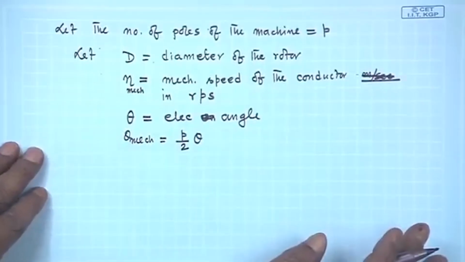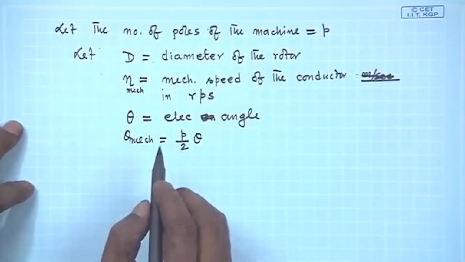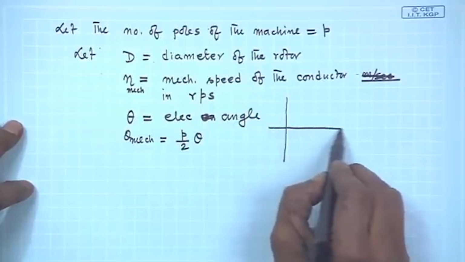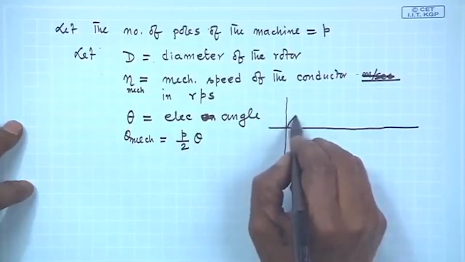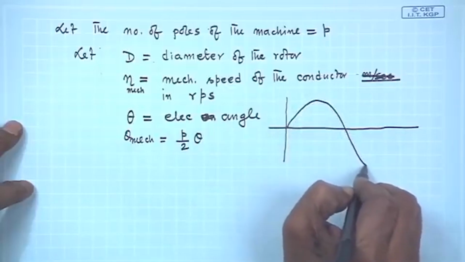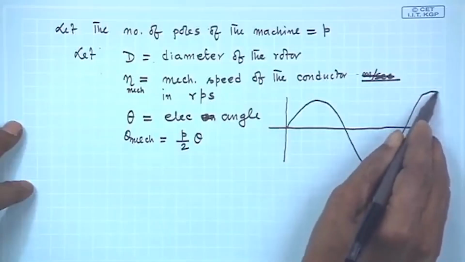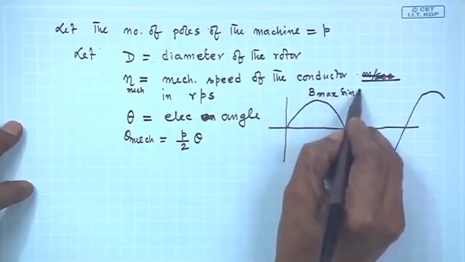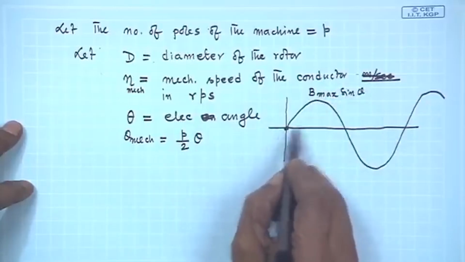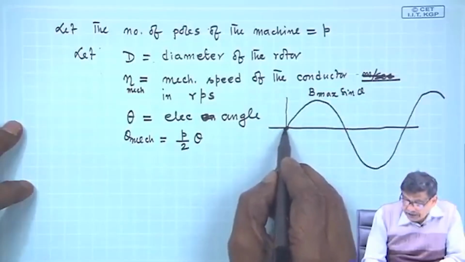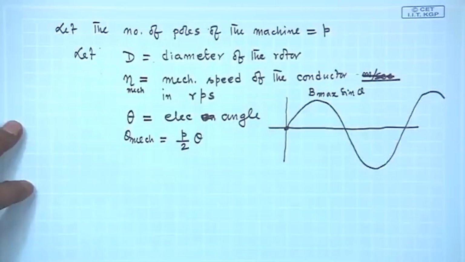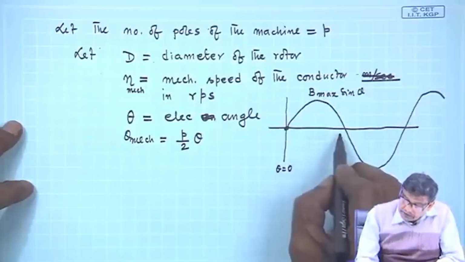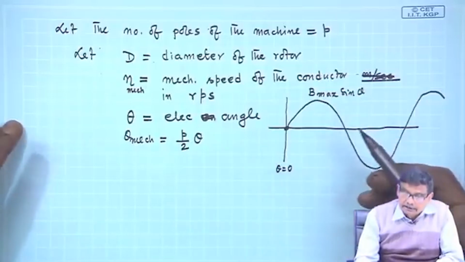Okay. And the problem is like this. B distribution is given, and I will write it as B max sin theta. If I have chosen to measure theta from 0 crossing and going towards positive, this is entirely my business. So, I have considered this to be theta equal to 0, and this theta, as I told you, is theta electrical without any suffix.